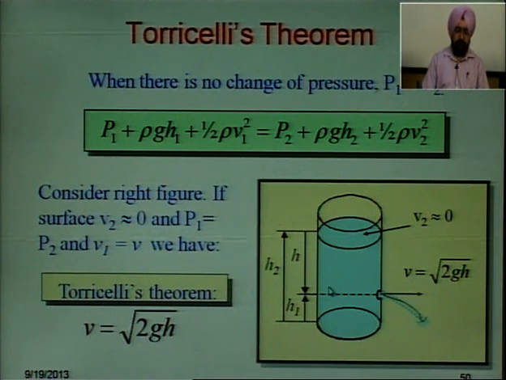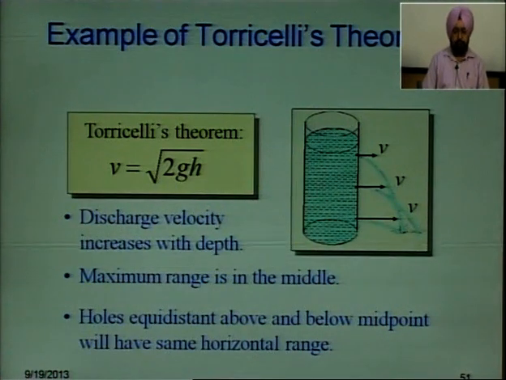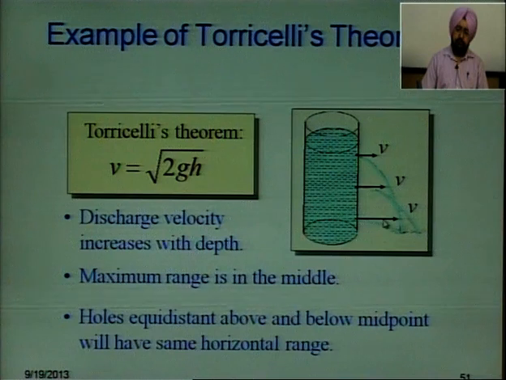As the pressure is the same and the velocity, let us take it to be v here, then we have derived this already, Torricelli's theorem. v is equal to under root 2 g (y2 minus y1), or you can say 2 g h, where h is equal to y2 minus y1. Here it is taken to be h2 minus h1. This is the velocity that is shown here. You see, maximum range is in the middle.